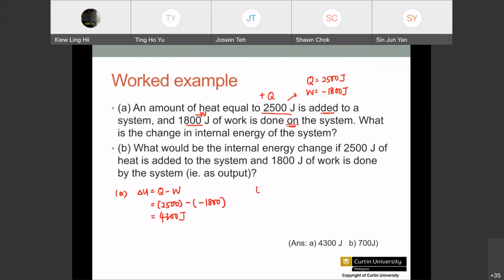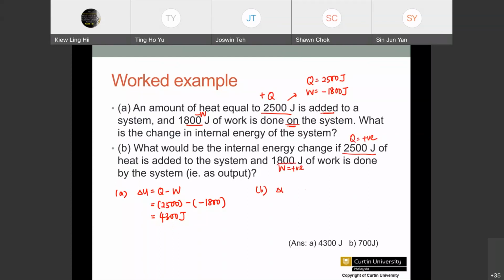Okay, so what would be the change in internal energy if now 2005 joule is added to the system? So Q is a positive value. And now the work is done by the system, so your work done is also positive now.